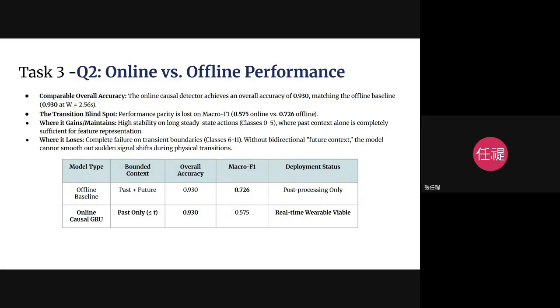However, it completely loses its edge during transitional boundaries without future context to smooth out the signal. The causal network struggles to pinpoint split-second postural shifts, which explains the drop in macro F1 to 0.975. Okay, so next page.